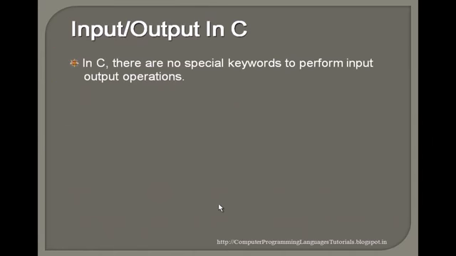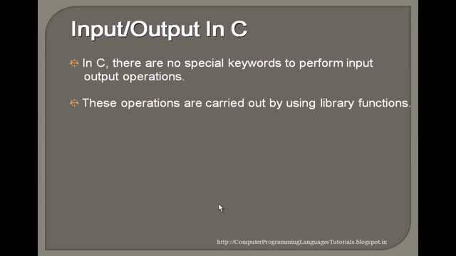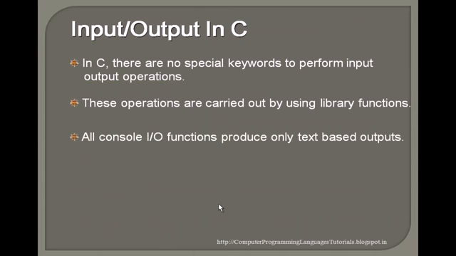Next part is input and output in C. In C, no special keywords are used. Then what will be used? In C, we can use inbuilt or predefined or library functions to perform input and output operations. Console means DOS based.